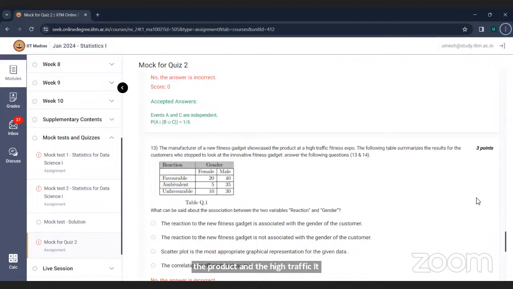Can you explain the last option again? Which one? The previous one. Yes, sir.